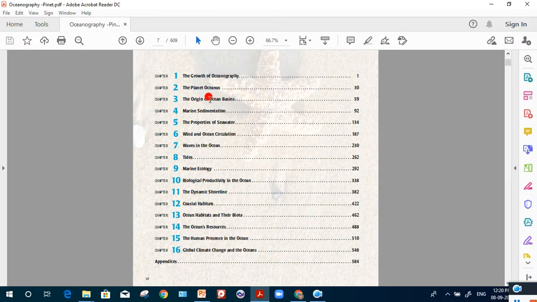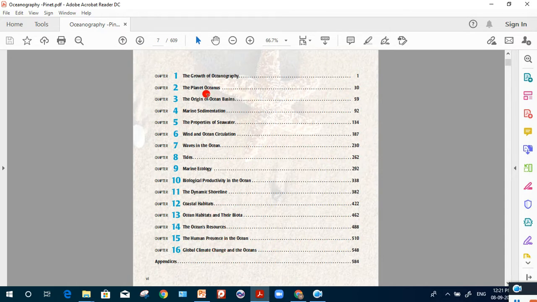Then what are ocean basins, how the marine sediments are formed, what are the properties of seawater, how wind and ocean circulation occur, what kinds of waves are in the ocean, how tides occur, what is marine ecology, biological productivity in the ocean, the dynamics of the shore of the sea, the coastal habitats, ocean habitats, their biota, the ocean resources, the human presence in the ocean, and global climate change and the oceans.